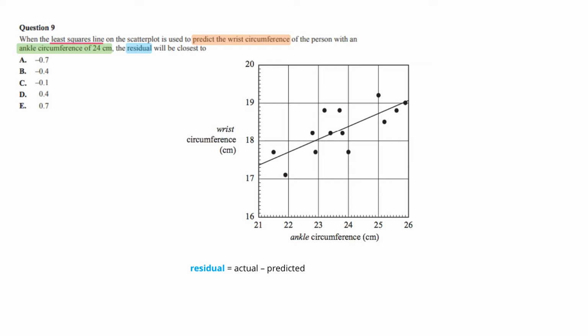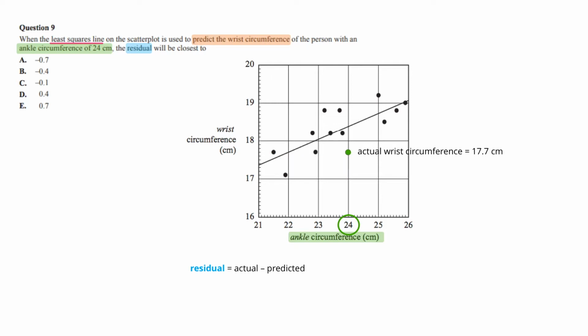Let's see what the actual value of the wrist circumference is. From the scatter plot, at the ankle circumference of 24 centimeters, we go up until we meet the data point, and then we go across and we read the actual wrist circumference of 17.7 centimeters.